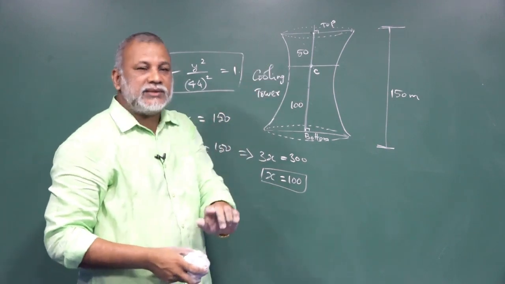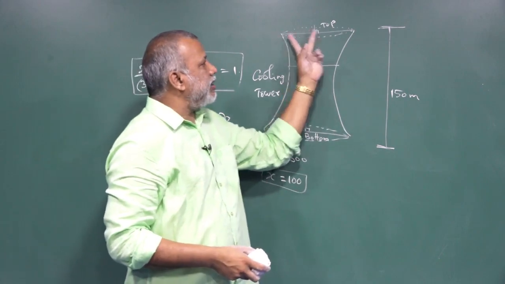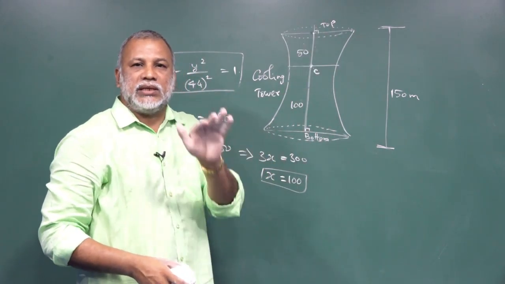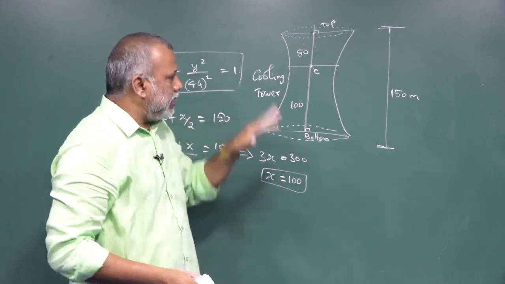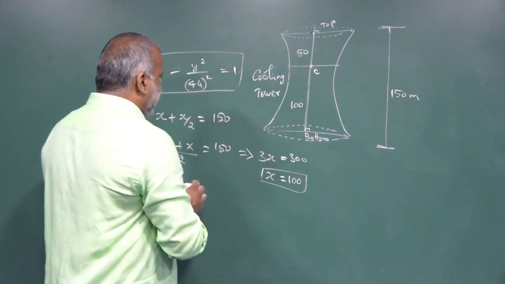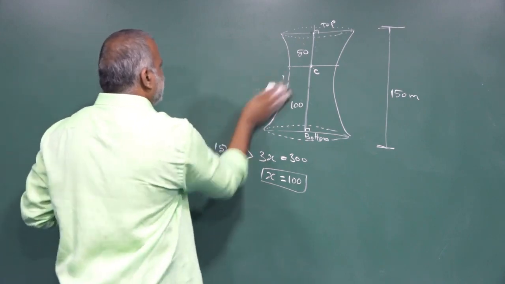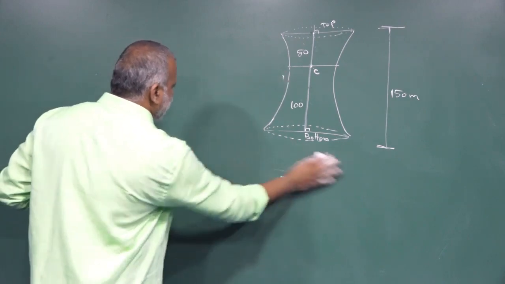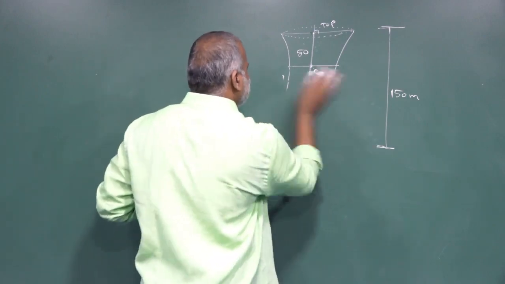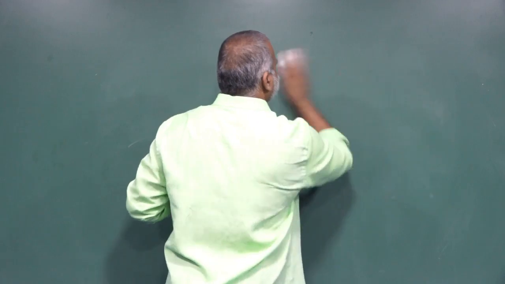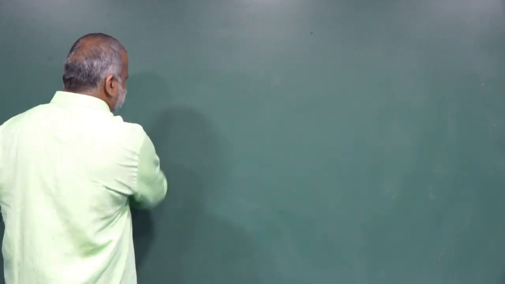Then what is the question asked? We have to find the diameter of the top and we have to find the diameter of the bottom. That is the question they are asking. Listen carefully. Now I have to draw a fair diagram from this. This is a rough diagram. Now I am going to draw a fair diagram from this. A fair diagram is nothing but converting this diagram in the form of an axis.